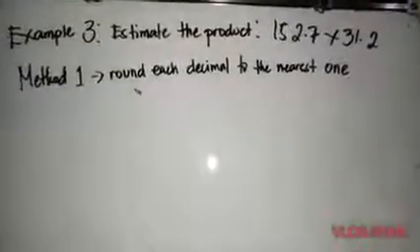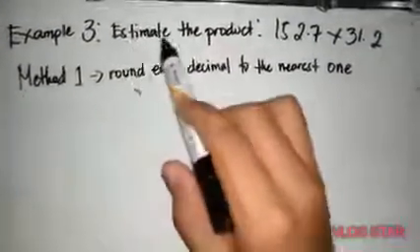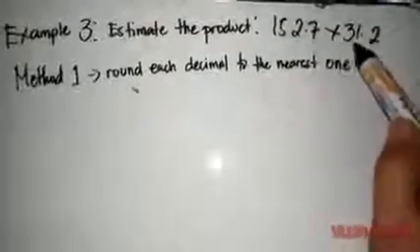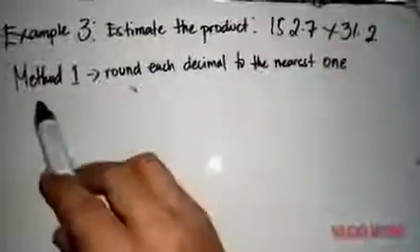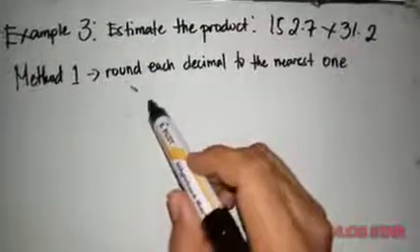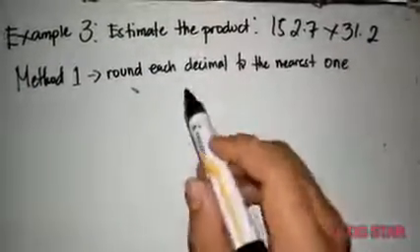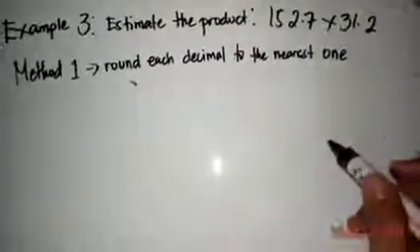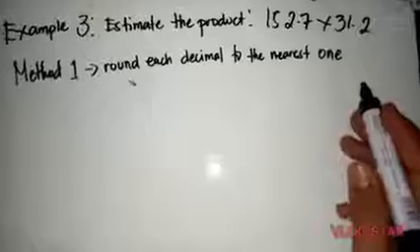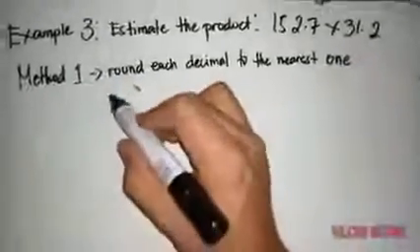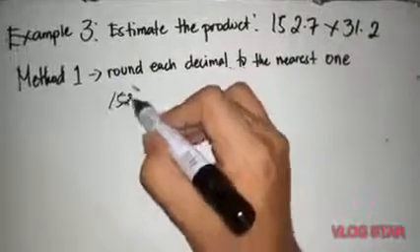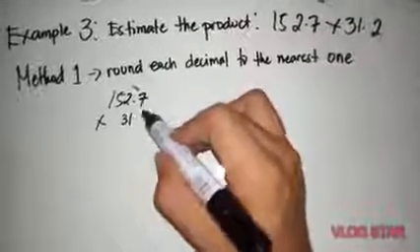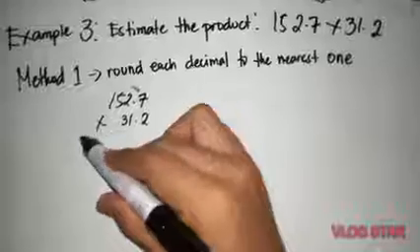So let's proceed to example number 3. Estimate the product of 152.7 times 31.2. Let's just use the first method in getting the estimate product. So round each decimal to the nearest one. So 152.7 times 31.2.